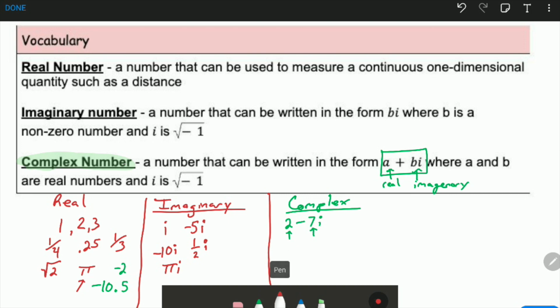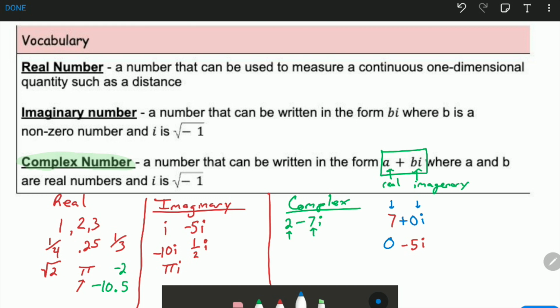However, complex numbers also consist of numbers like 7. 7 is a complex number, even though it doesn't have an i or isn't in that format, and that's because we can write 7 as 7 plus 0i. Therefore, it will have a real part and an imaginary part. Same thing with -5i. That may be an imaginary number, but it is also complex because we can write it as 0 minus 5i.